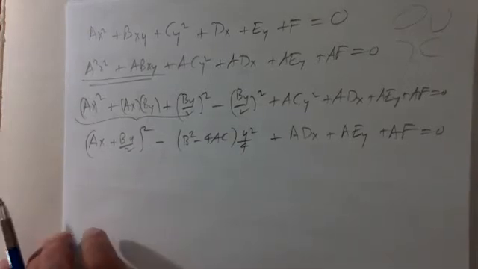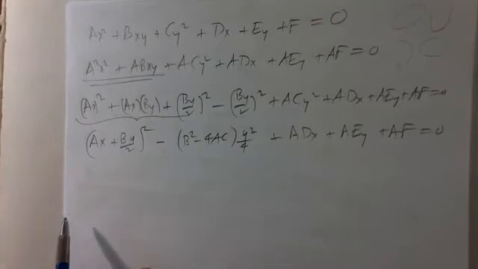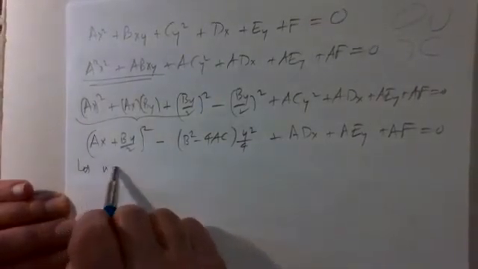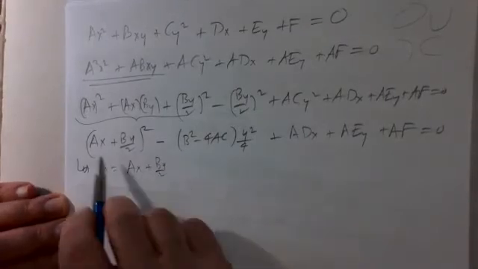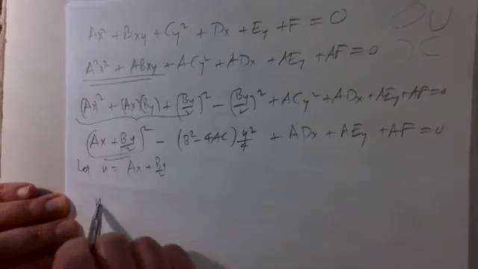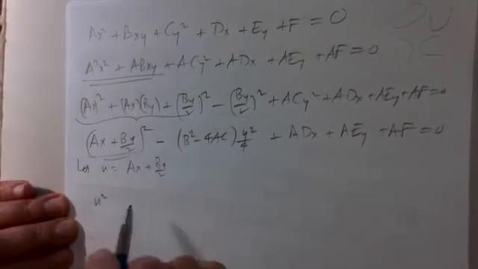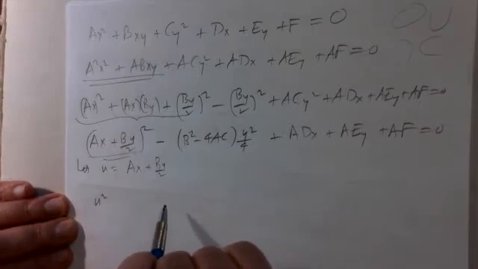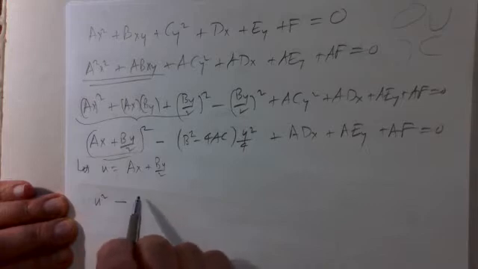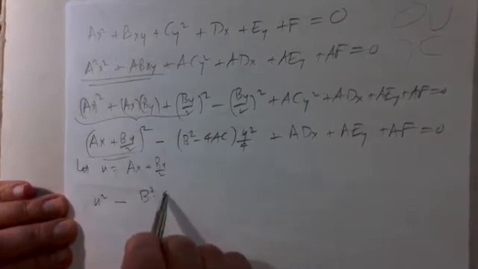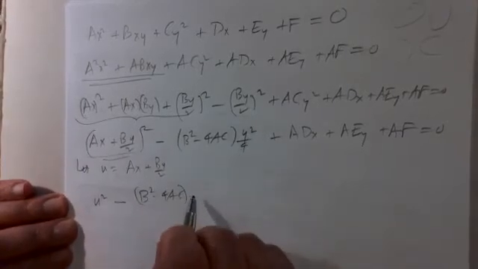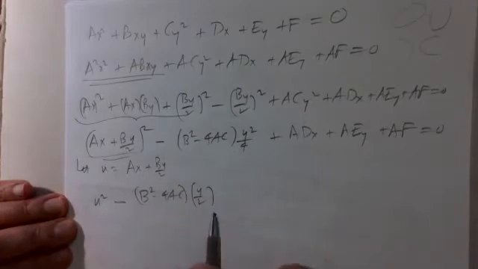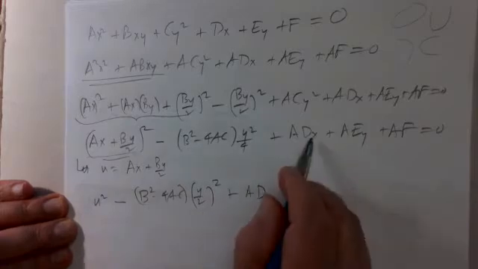So let me introduce some new variables. Suppose we let u be equal to ax plus by over 2. So then this is u squared minus b squared minus 4ac times y squared over 4, that's y over 2 squared, plus ad times x.